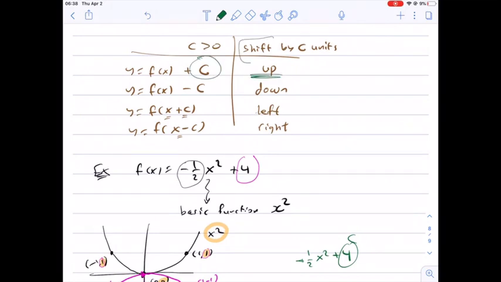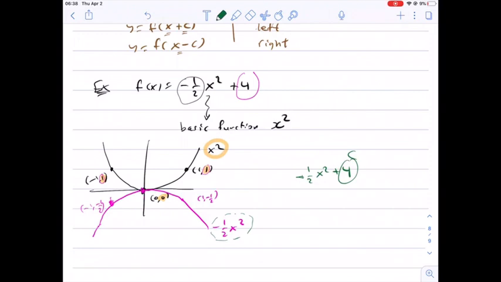If we add some constant to the function, that means we shift the function by c units up. So we have 4 units here, so 1 2 3 4, that means here this is 4.